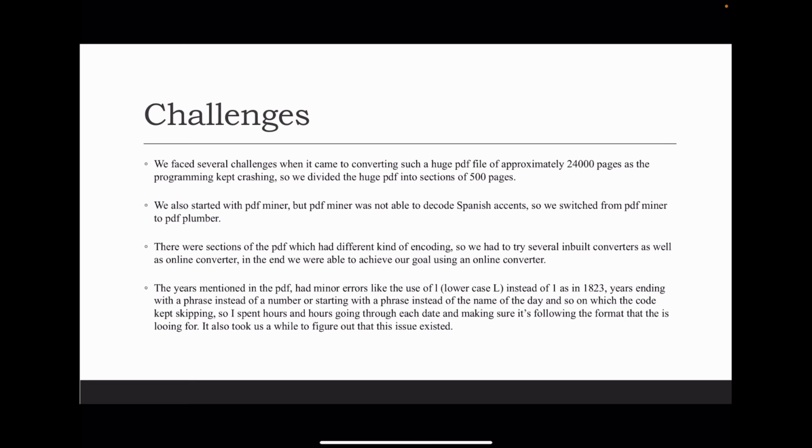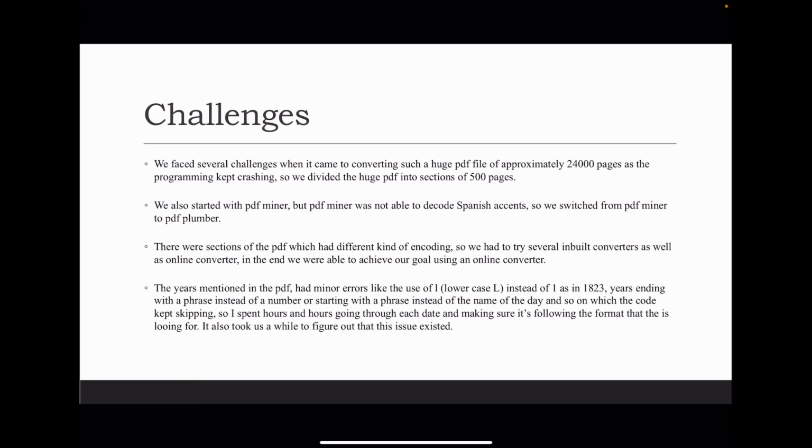We also started with PDF Miner, but PDF Miner was not able to decode the Spanish accents. So we switched from PDF Miner to PDF Plumber. The third was that there were sections of the PDF that didn't have the same encoding type as the rest of the PDF. For example, 1834's June and May.